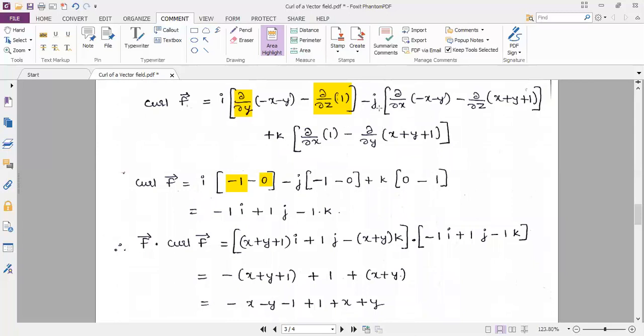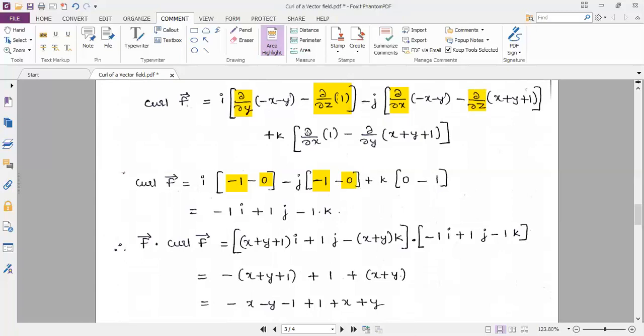Next term, minus j cap into partial differentiation with respect to x. Differentiation of −x is −1. Differentiation of −y goes to 0 when we are differentiating with respect to x partially. Next term is partial differentiation with respect to z. The entire term x + y + 1 is a constant when we differentiate partially with respect to z, so differentiation goes to 0.